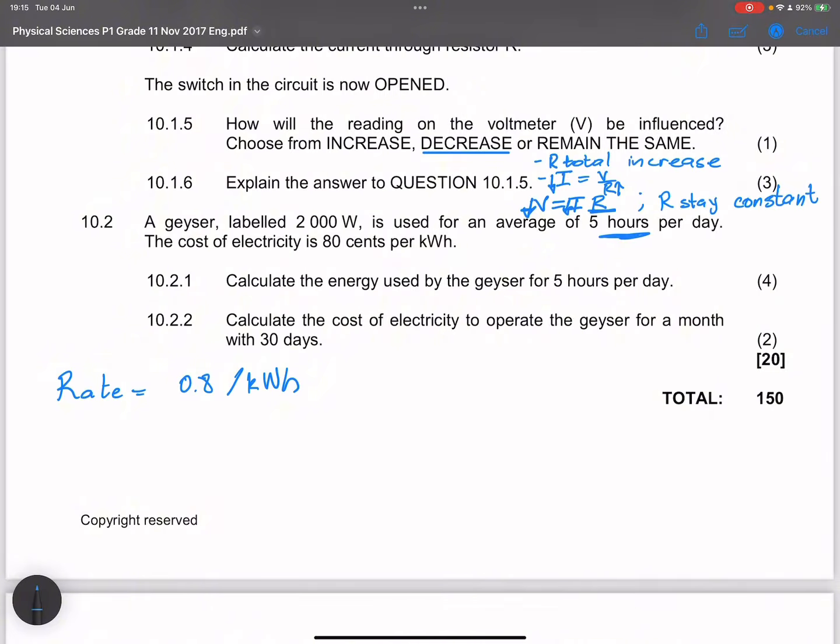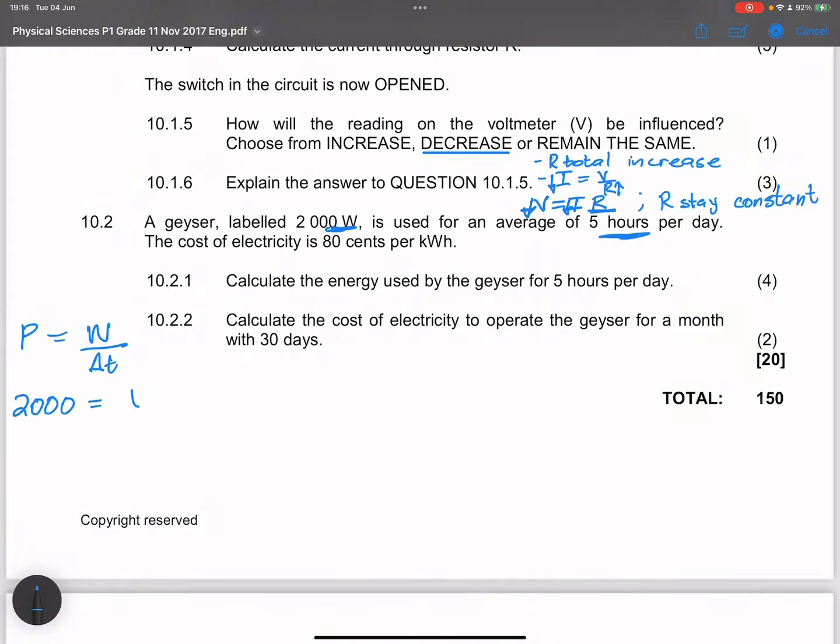Right, so we have got the amount of energy. Notice in this case that we've got the power, which is 2000 watts, and we know that power is the rate at which work is done. So power is work done divided by time. So the power is 2000 watts.